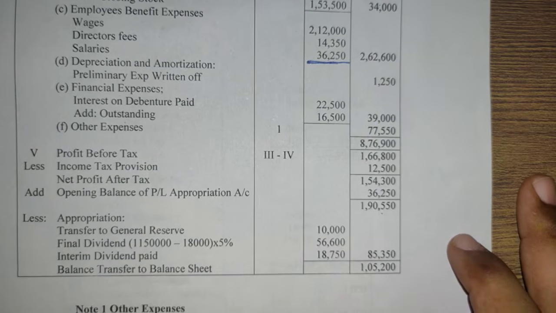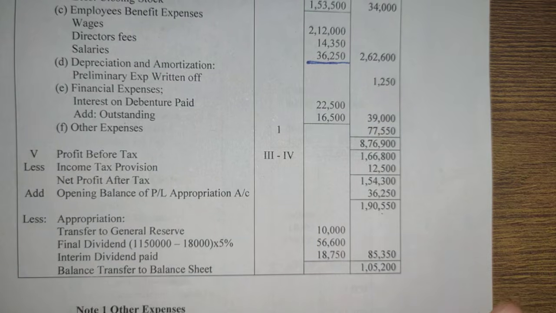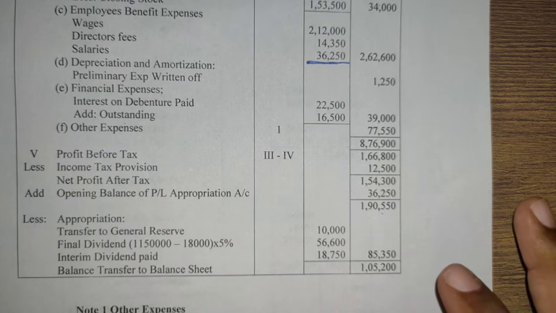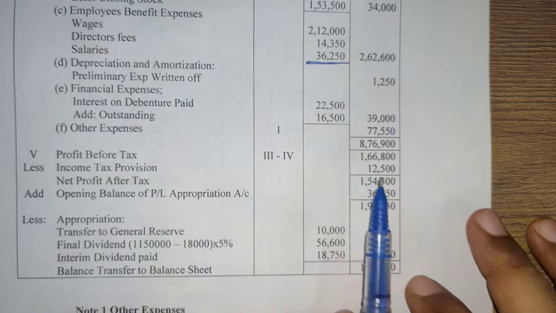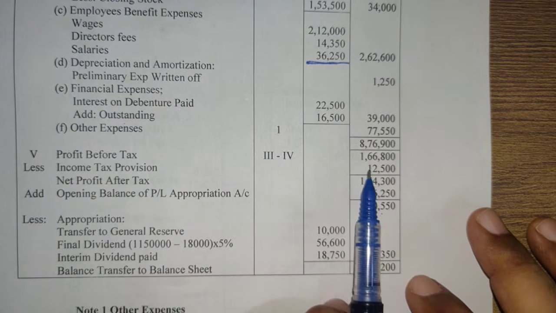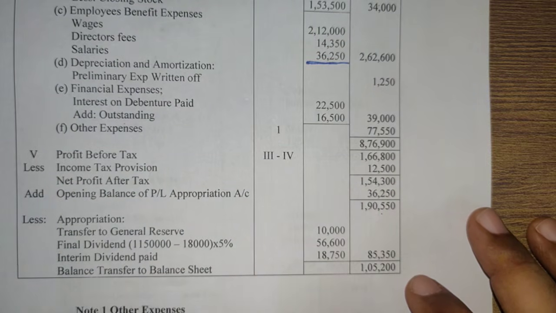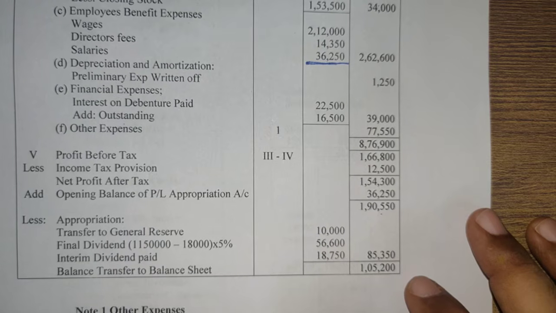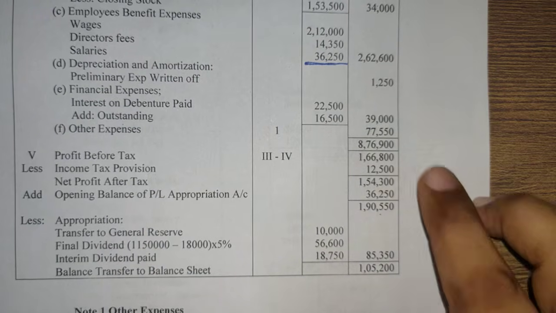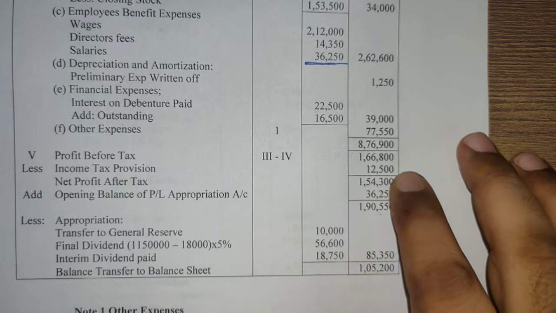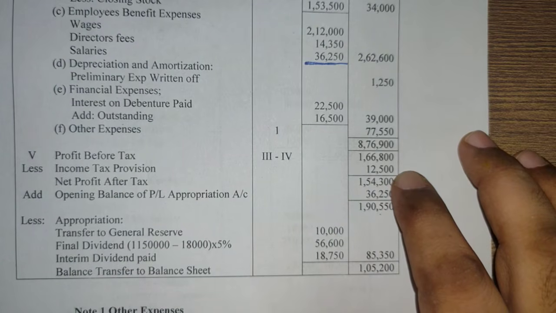Those who are not from a commerce background and are not familiar with the accounting rules of debit and credit can easily understand how to calculate the profit, and that's why vertical presentation is there. One objective of accountancy is that whatever accounting information is provided should be understandable.